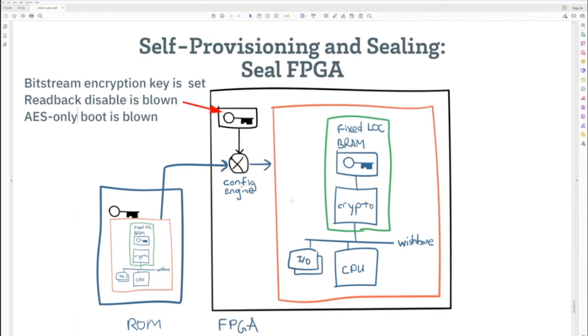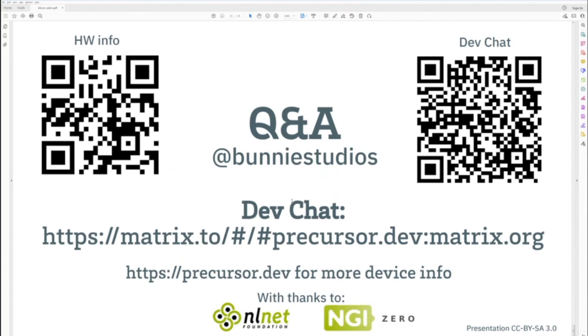But if that didn't exist, it would be a pretty good solution for locking away the data after self-provisioning. That's the whole loop that we do there. So that's basically secure boot and self-provisioning in a nutshell. I went through it as blazingly fast as I could. I think I hit the time goal.